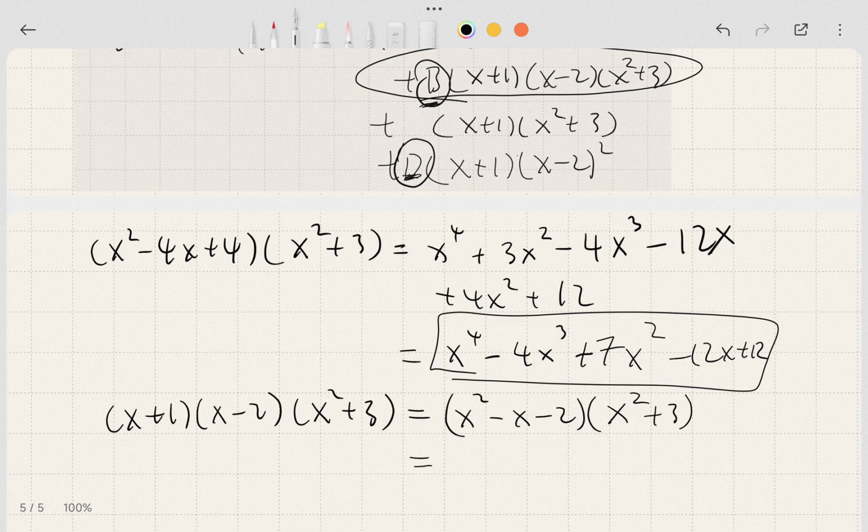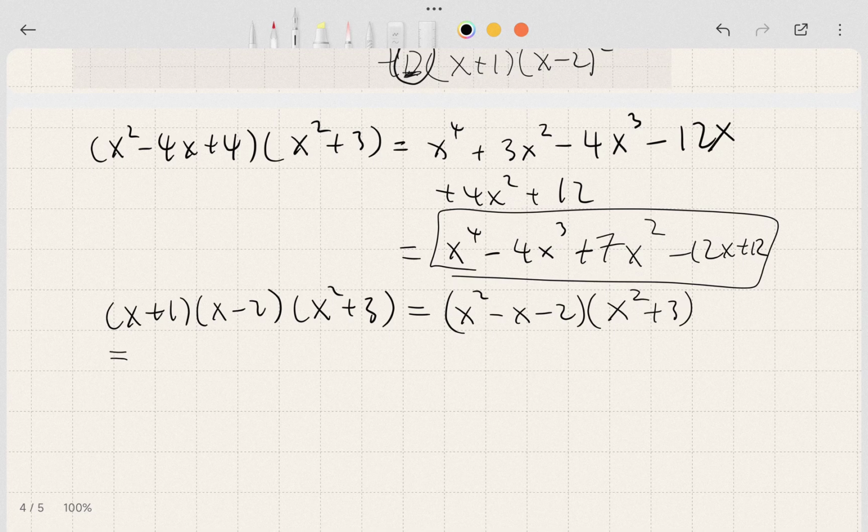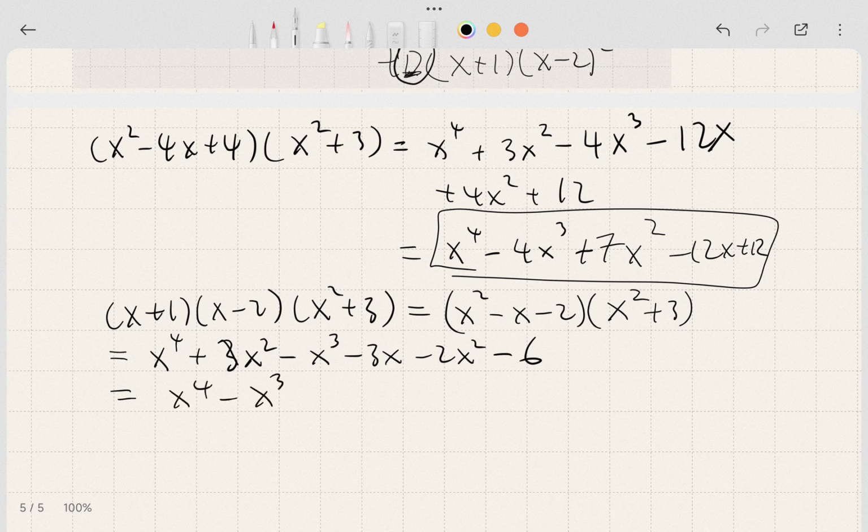And you get something similar to x to the power 4 plus 3x squared minus x to the power 3 minus 3x minus 2x squared minus 6, and you get x to the power 4 minus x cubed plus x squared minus 3x minus 6.